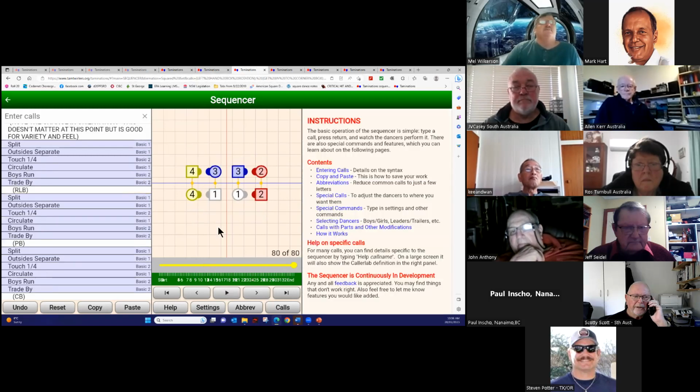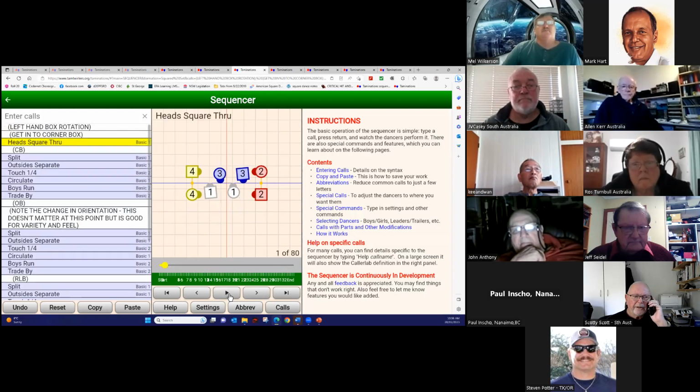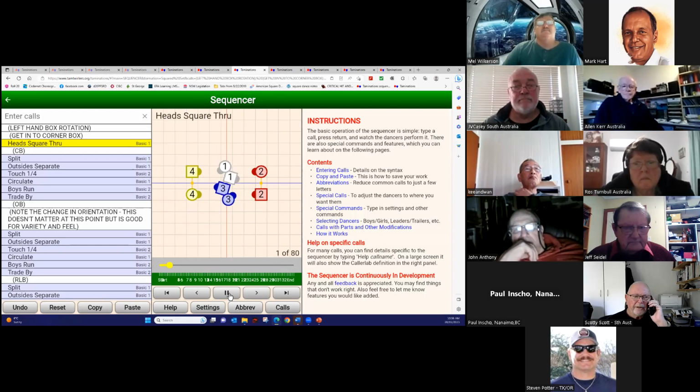When I do ones like this one, this is a left-hand rotation, and I did this intentionally. And this is what Alan's saying. When I did a right-hand rotation, you notice I kept that position.